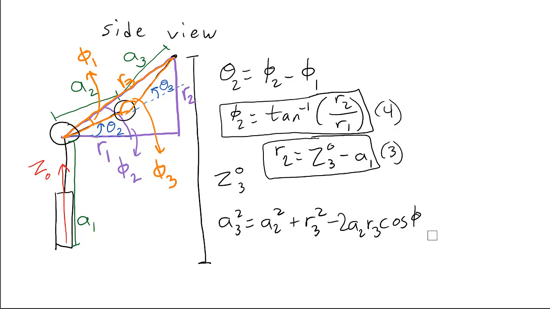Let me fix that right away. Okay, and then I need to solve this equation for phi 1. So I'm going to write it out solved for phi 1. I subtract a2 squared from both sides, and I subtract r3 squared from both sides, and then I divide by negative 2 a2 r3, and then I take the inverse cosine of that whole equation. And I'm just writing out the result here.